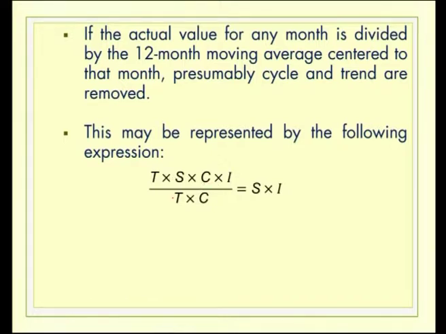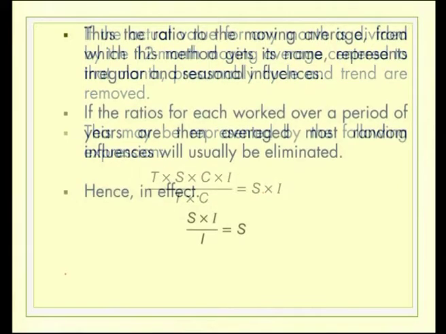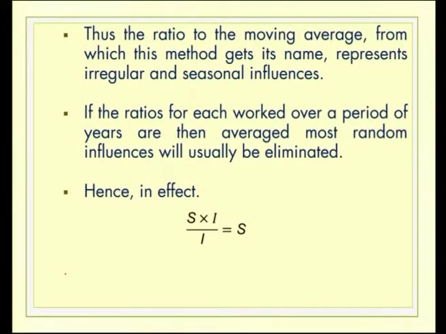If we center the 12-month moving averages, then obviously trend and cyclical fluctuation go out, meaning they are automatically divided, and then we get seasonal into irregular. Thus, the ratio to moving average, from which this method gets its name, represents irregular and seasonal influences.